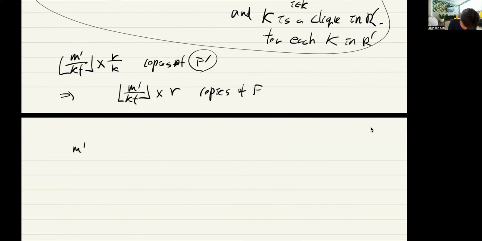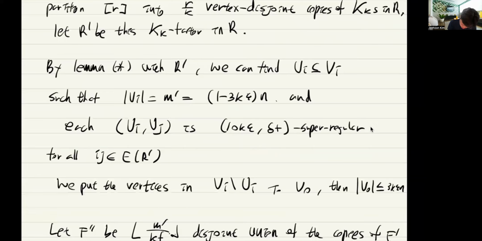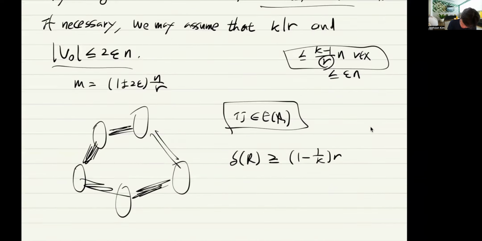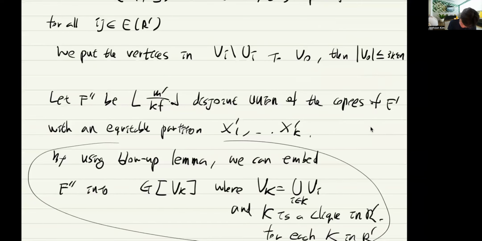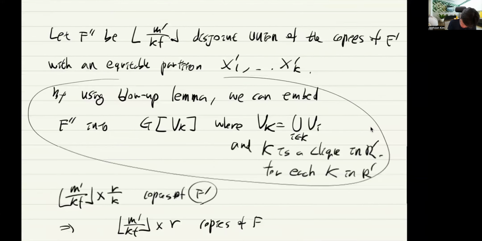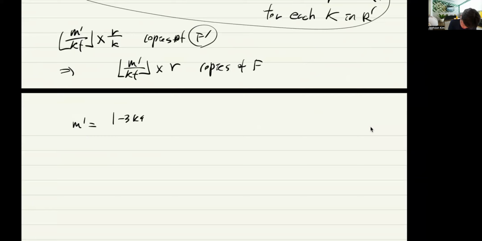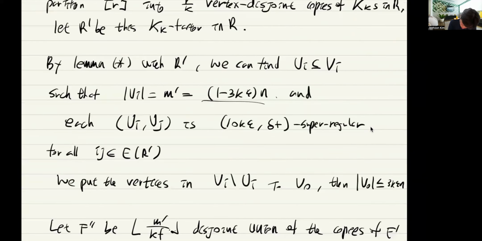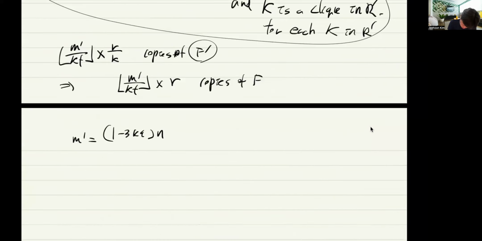But what we know is that F prime is roughly this, 1 minus 3K epsilon over R, sorry, over R, and then you take 1 over F and then R, and you get what?